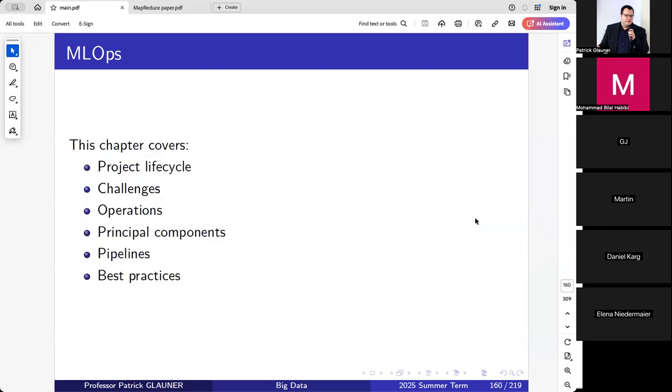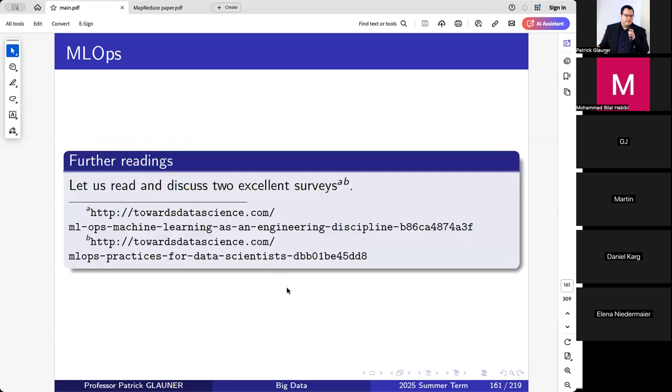So MLOps means you not just build your machine learning model, but you put it in production so it runs reliably and consistently and with high performance. And this is a very active field, and I felt that these 2 surveys cover it quite well. I've also given you book recommendations. Take a look at these 2 surveys.